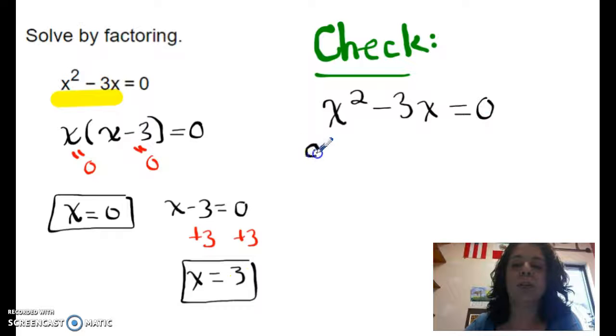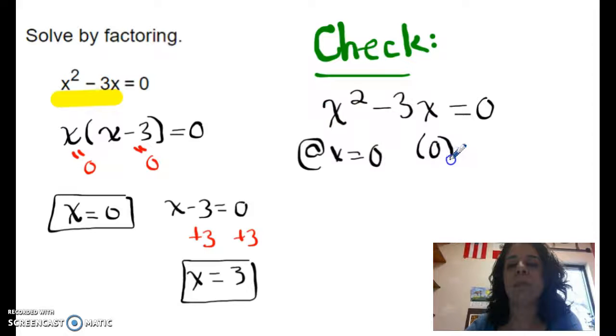So first one is at x equals 0. And you're just going to plug in 0 for x. So instead of x squared, I'm going to have 0 squared. And then instead of minus 3x, I'm going to have minus 3 times 0 and equals 0.